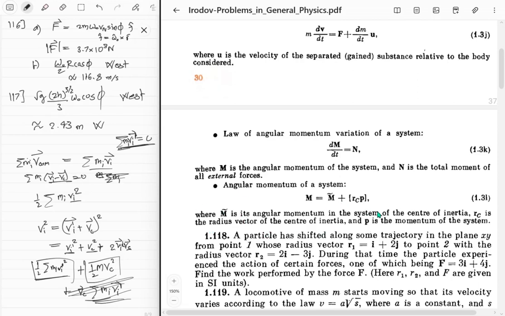So M is the angular momentum in the system of the center of inertia, so center of mass basically. So the angular momentum of the body as seen by the center of mass, plus this quantity in brackets is just the angular momentum of the center of mass as seen in the space frame. So M_B R, right?